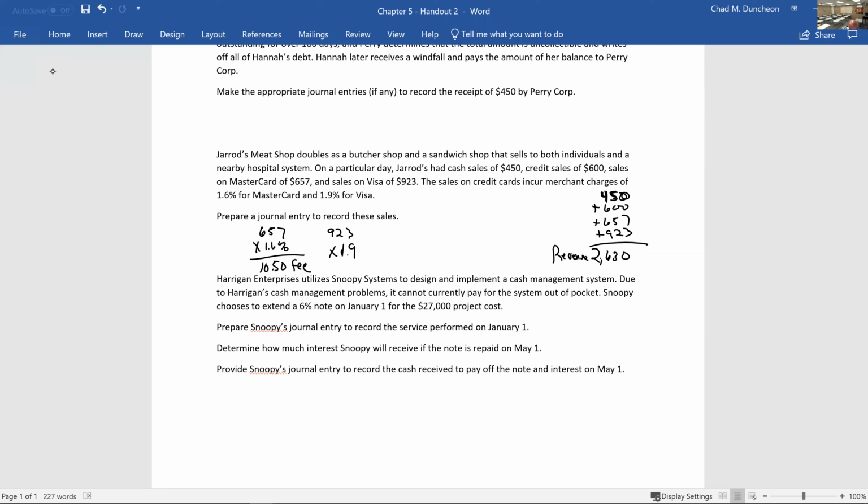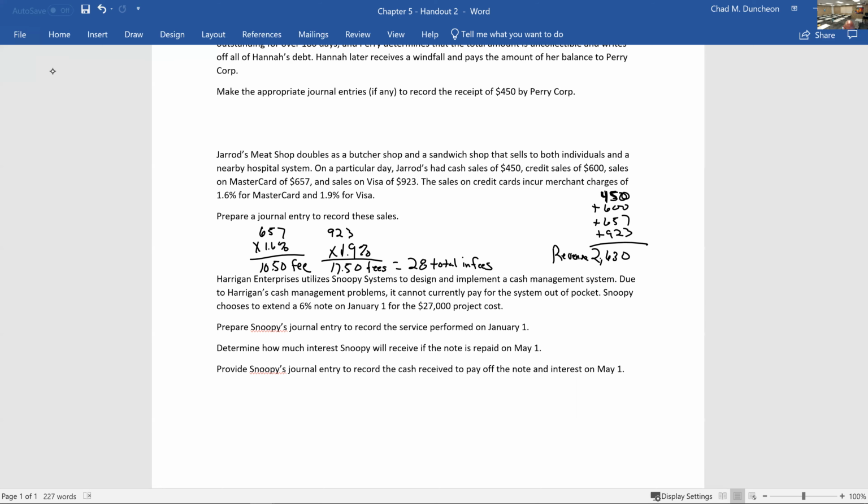So take the 923 times 0.019, 1.9%. And I'm going to round it up to $17.50. So these are our fees. When we add those two together, we get $28 total in fees. And of course, these are rounded numbers to make it easier for our journal entry.